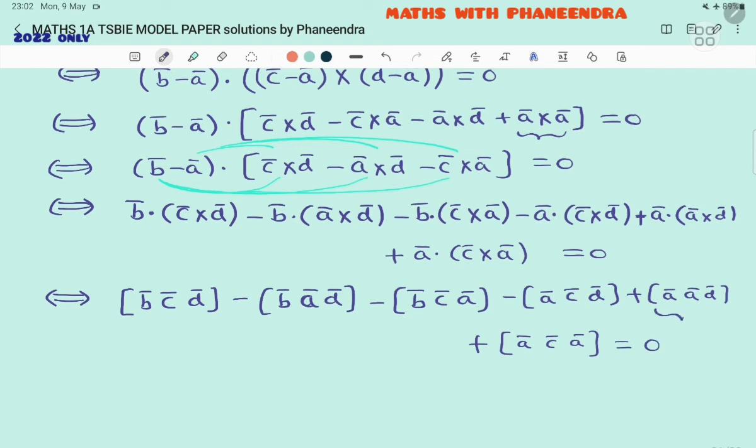In the box, two vectors are same, so the box value goes to be 0. So whatever I kept in the flower bracket, these values go to be 0.